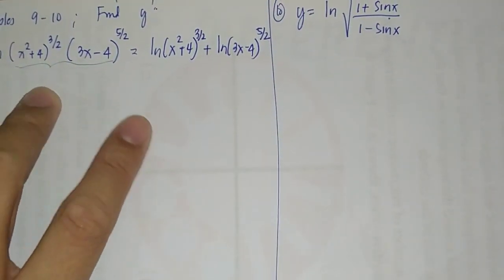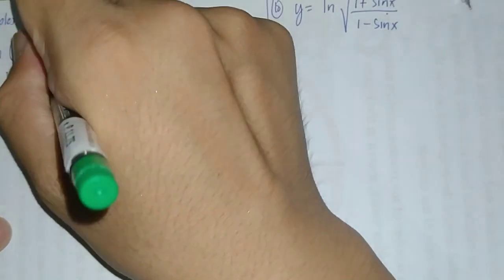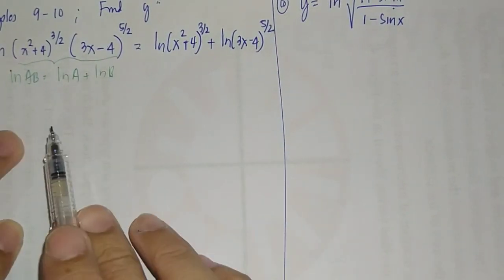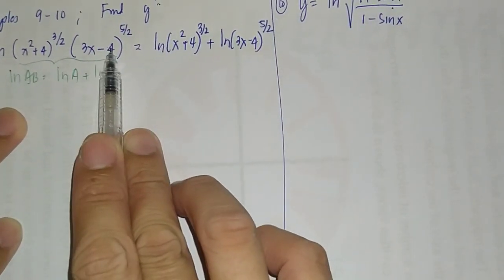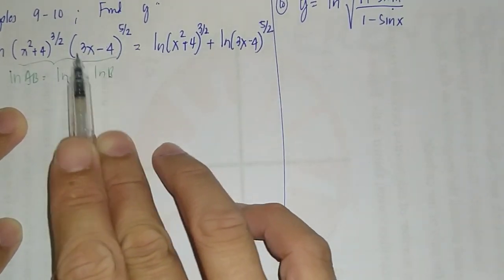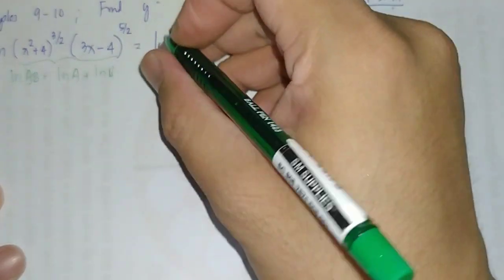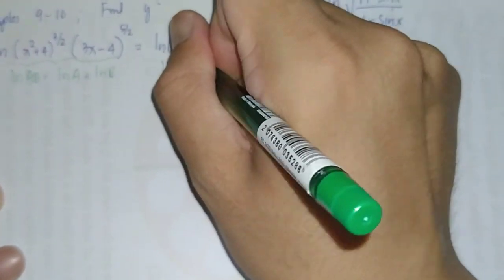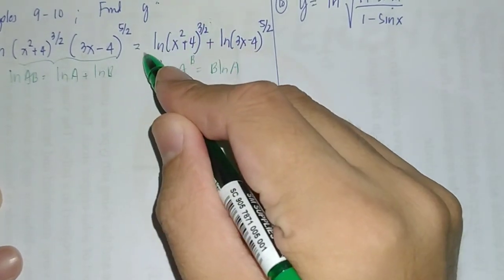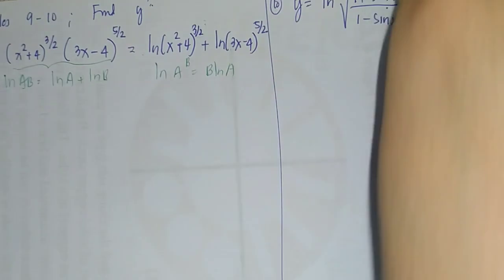So, gamit yung principle na ln AB is equal to ln A plus ln of B. But then again, I can use the principle ln a raised to b is equal to b ln a. So that exponent lalabas lang dun sa katabi ni ln.